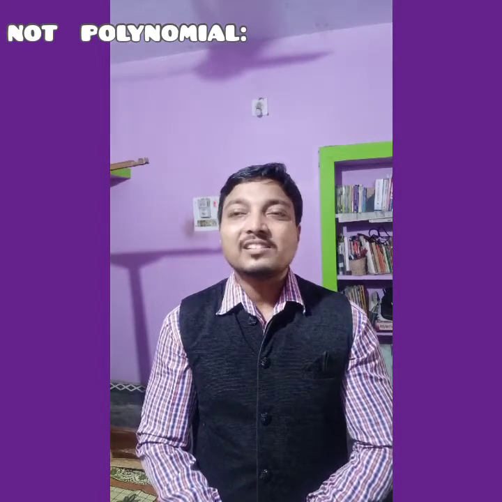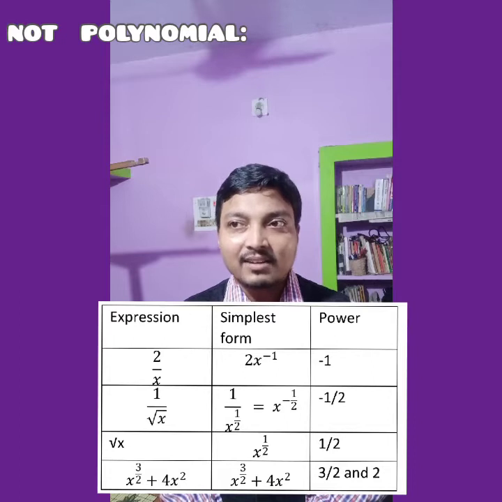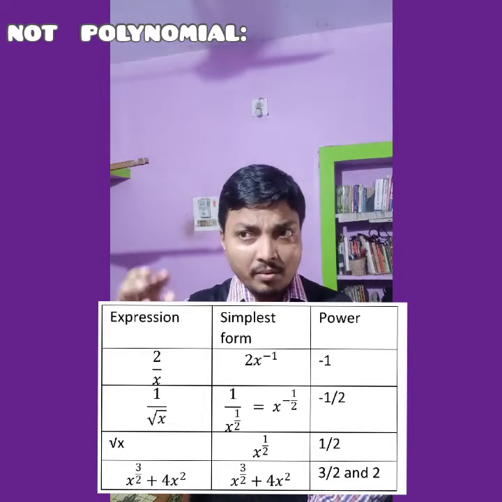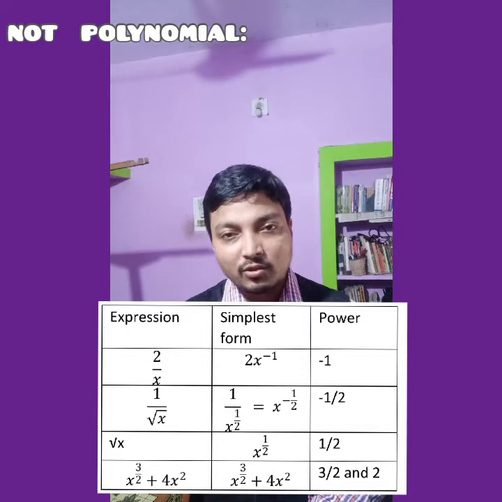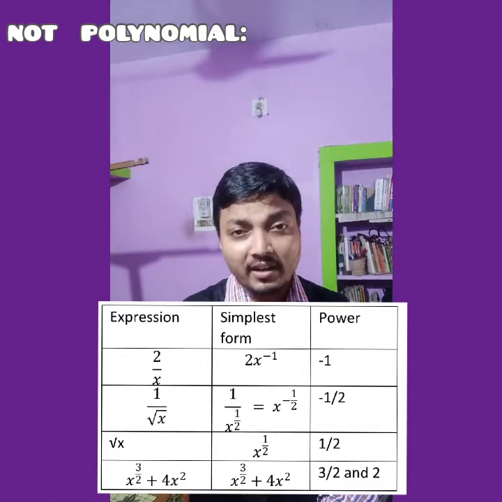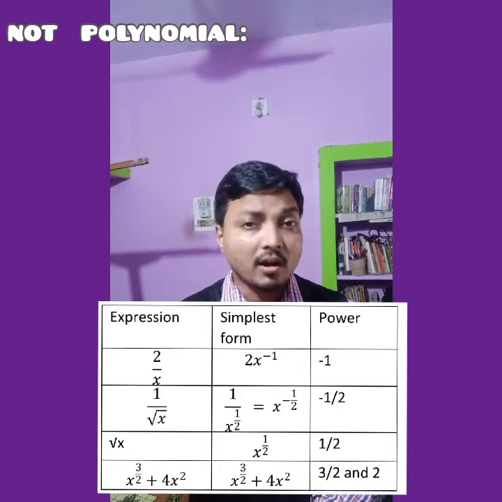So the first one is 2 divided by x. One will say, sir, in 2 divided by x, here also x is to the power 1. But our rule is whenever the variable is in the denominator, you have to convert it into the numerator. Then you just have to check whether the variable's power is a whole number or not.